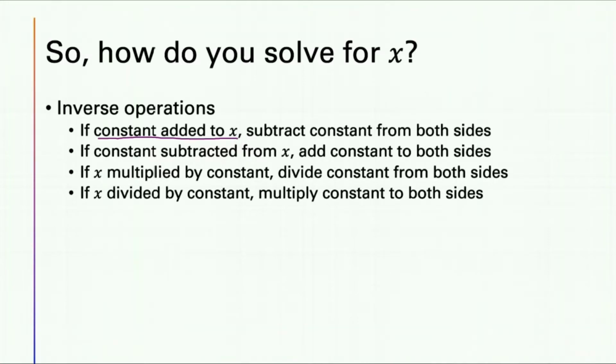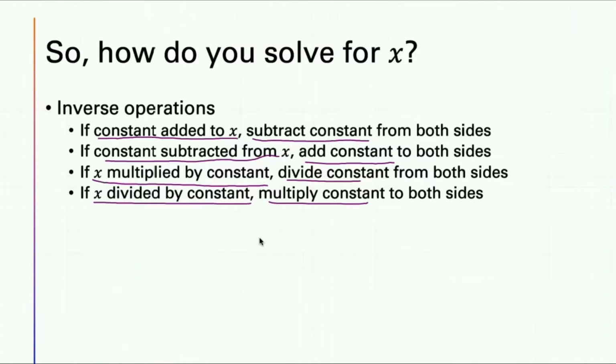If a constant is added to x, you subtract that constant from both sides. And I'll come back to that both sides part. If a constant is subtracted from the variable, add the constant to both sides. If it's multiplied by the variable, divide by the constant. And if x is divided by the constant, then multiply by the constant.